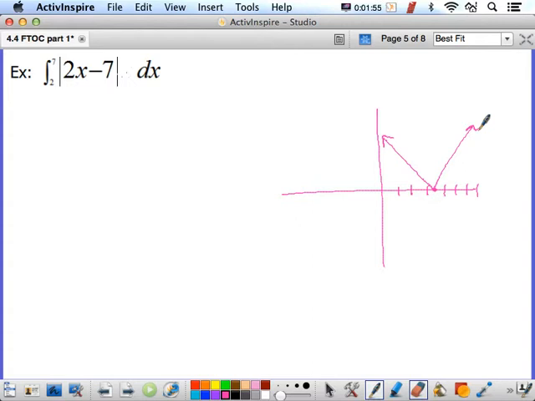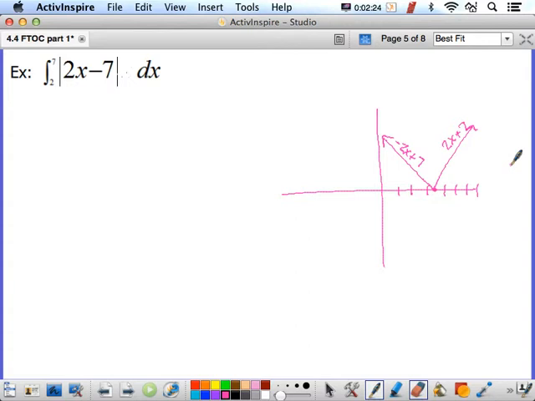Do you see how it's formed by two lines, and this side has a negative slope? So what would the equation of this line be? Do you guys know? It either has to be 2x minus 7 or the opposite of that. So it's negative 2x plus 7. So this side of the line is negative 2x plus 7. This side of the line is just positive 2x plus 7.